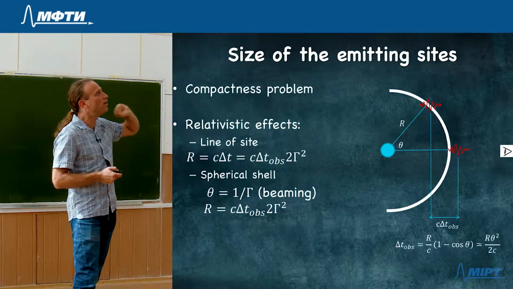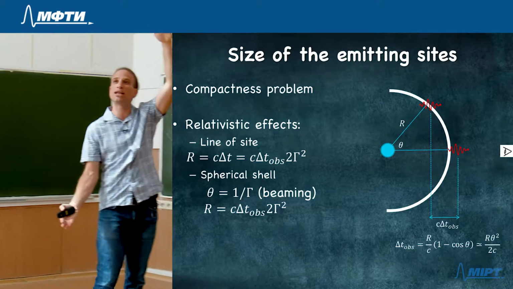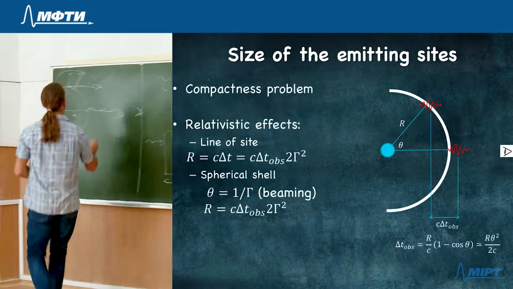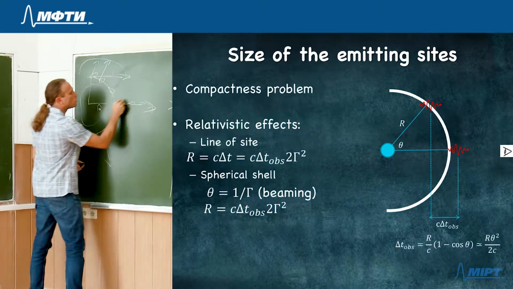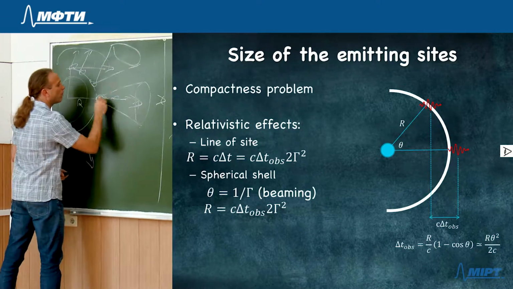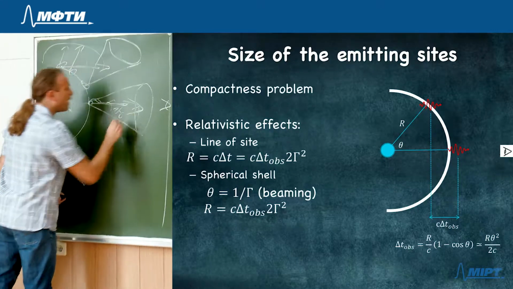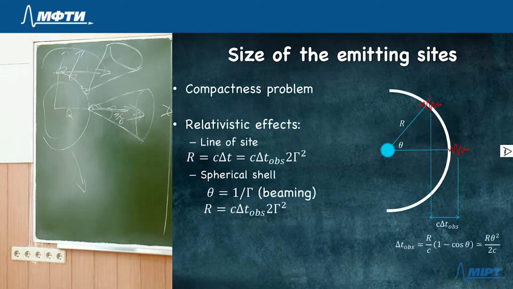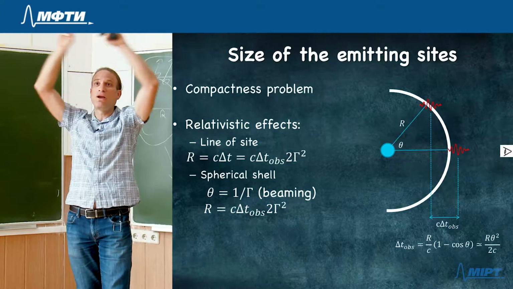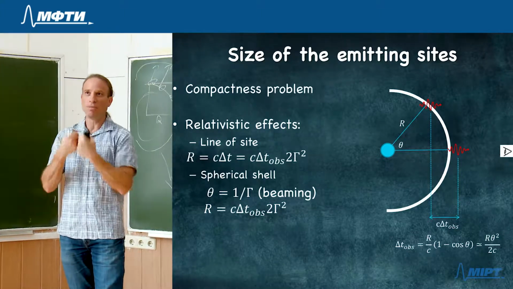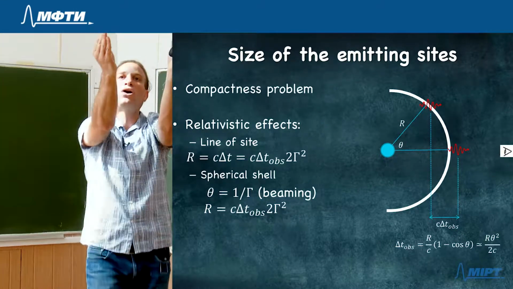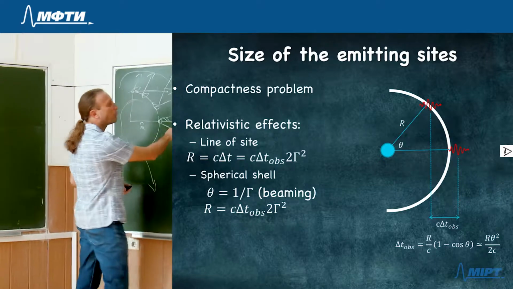If this shell is moving toward us, then all the photons emitted from every point in the shell will be beamed into an opening angle theta equal to 1 divided by gamma. Within its rest frame the light is emitted isotropically, but in the lab frame half of the light will be beamed into a cone with an opening angle of 1 over gamma.